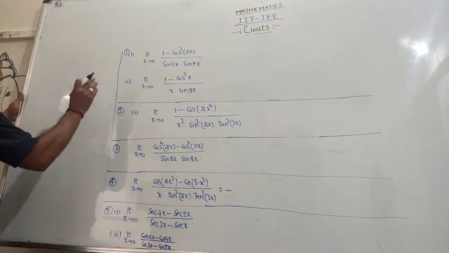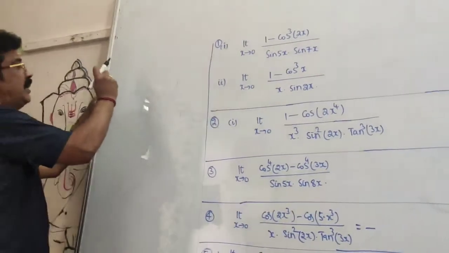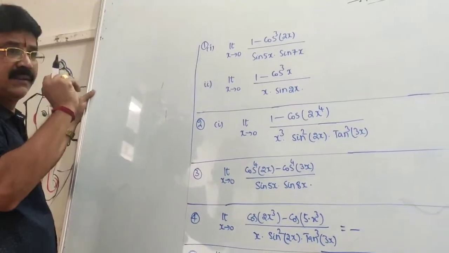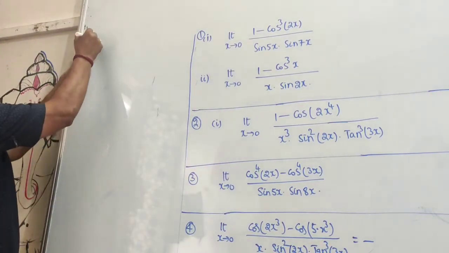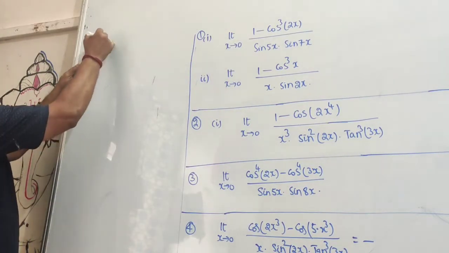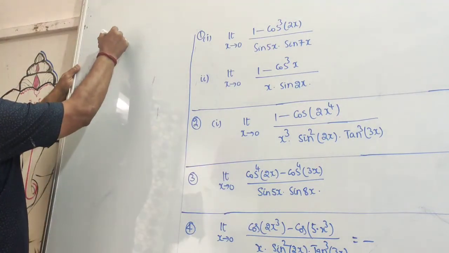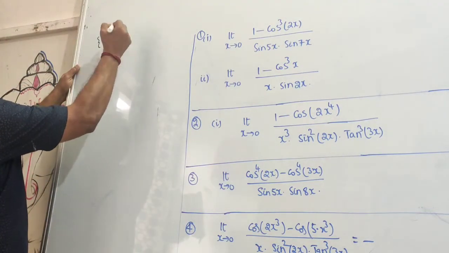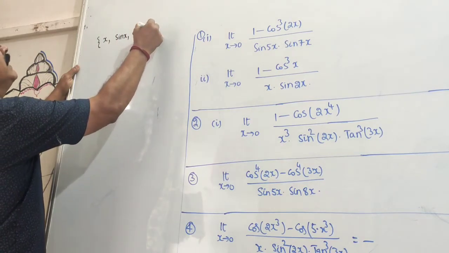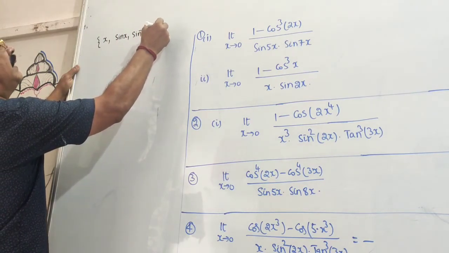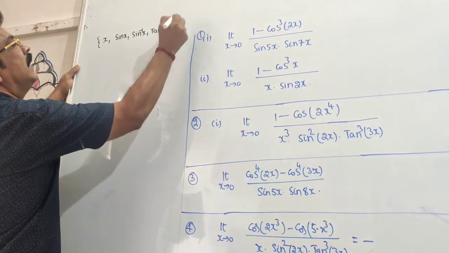Here, before using the shortcuts, we must know about the particular set, that is the set of x, which is one function, and sin x, next sin inverse x, next tan x, next tan inverse x.